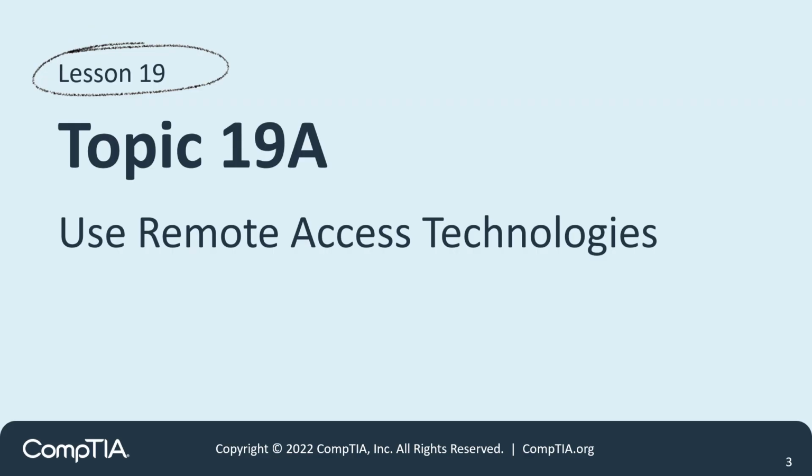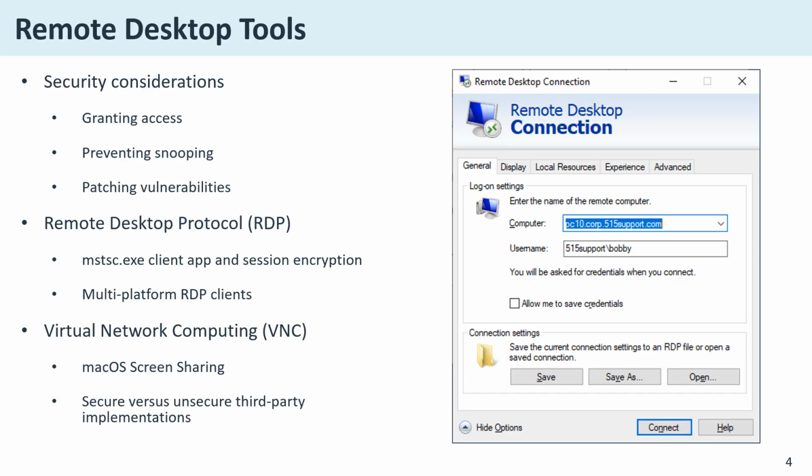In the first of these four objectives, topic 19A, we will discuss the use of remote access technologies. Remote access tools are software systems designed to allow a user to connect to and interact with a computer in another location as if they were physically present at that computer.